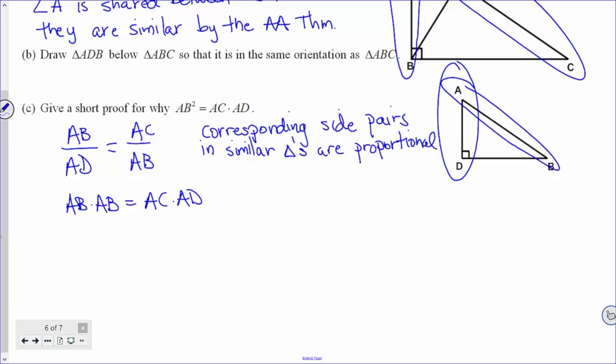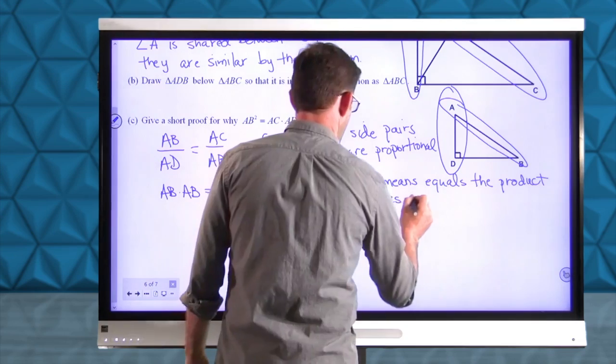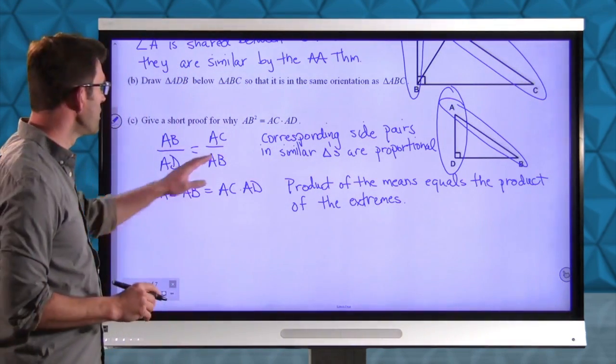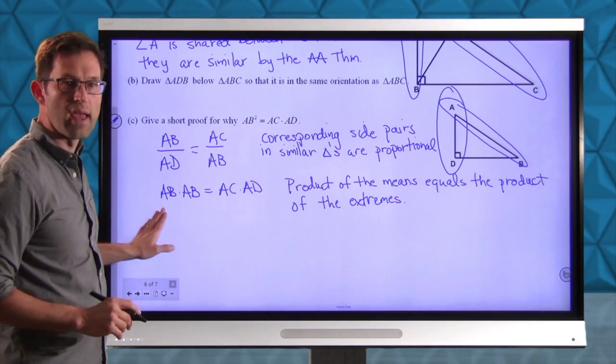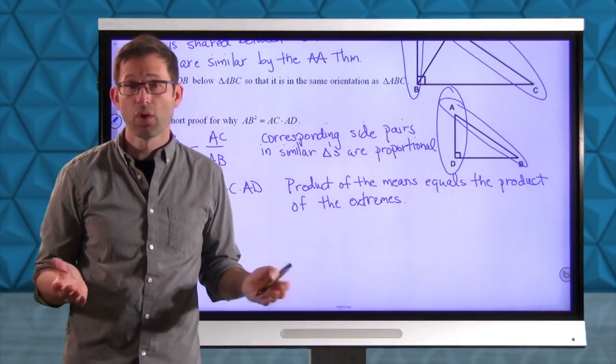And of course, for that, I will say the product of the means equals the product of the extremes. All right. Now, of course, it's a little bit different than this, but not really. AB squared is AB times AB anyway, so we can just leave it at that. All right, that's the whole deal.